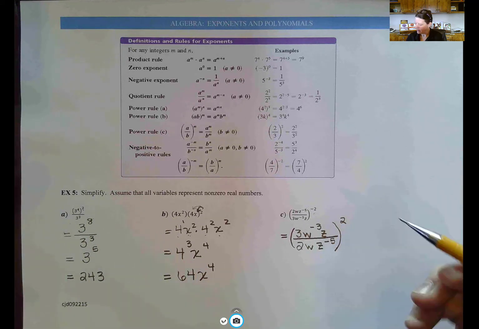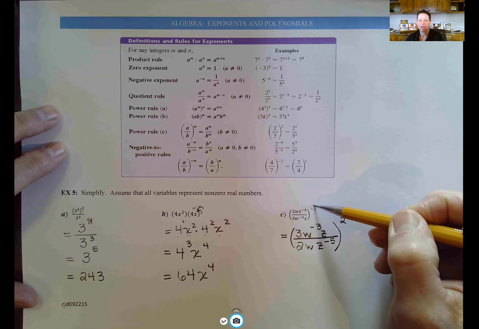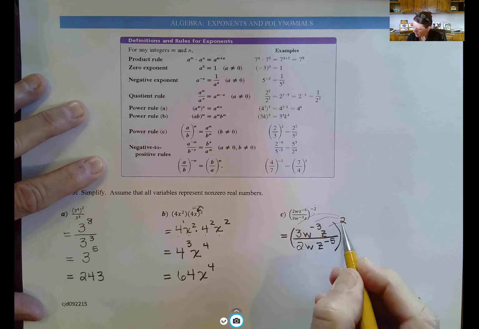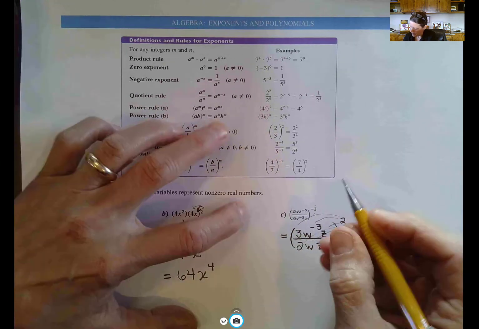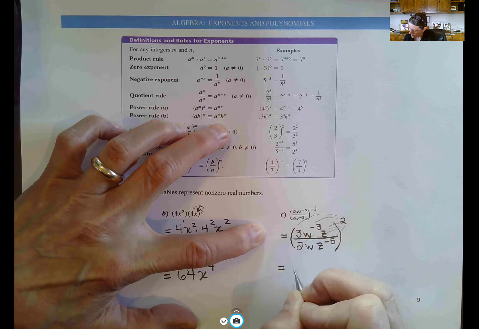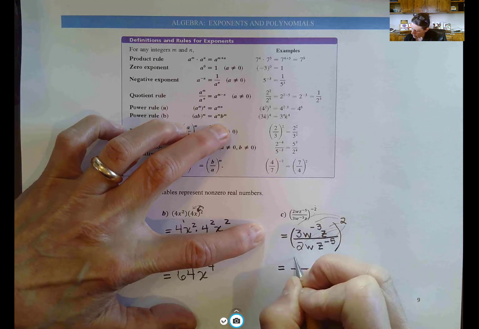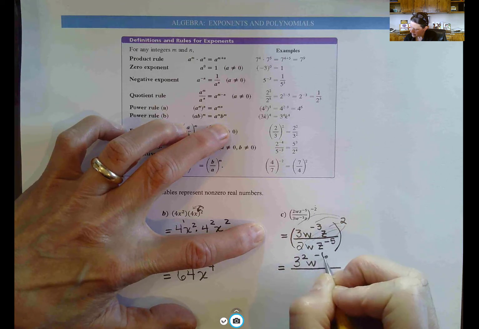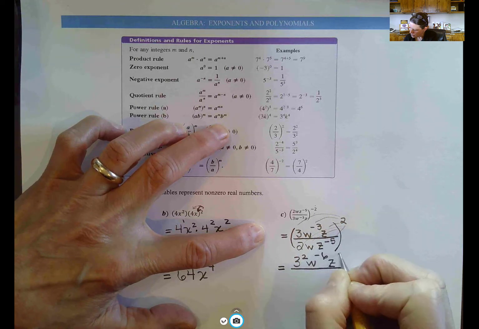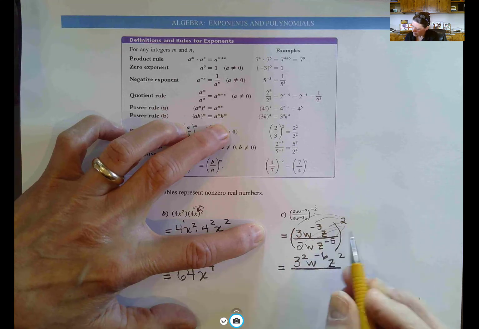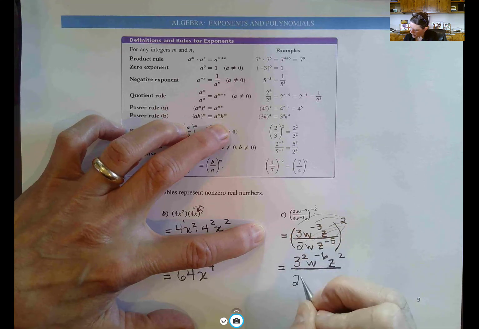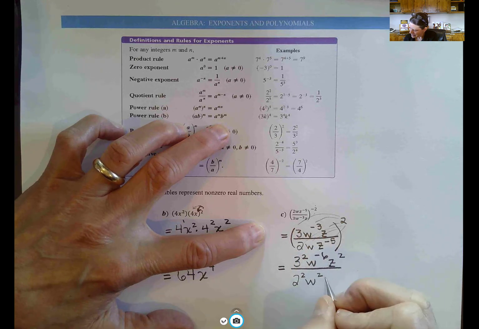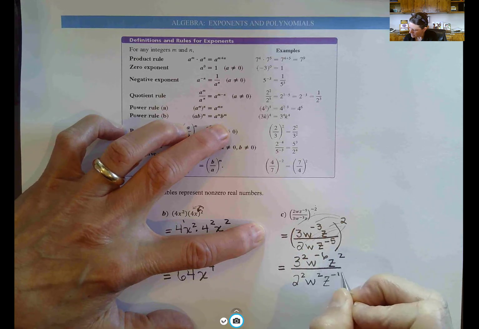We took care of that negative symbol on our outer exponent. Now I'm going to apply this exponent to every factor inside. Remember, power to a power, multiply. In the numerator, we've got 3 squared times w to the negative 6 times z squared. In the denominator, that's a 2 squared times w squared times z to the negative 10.